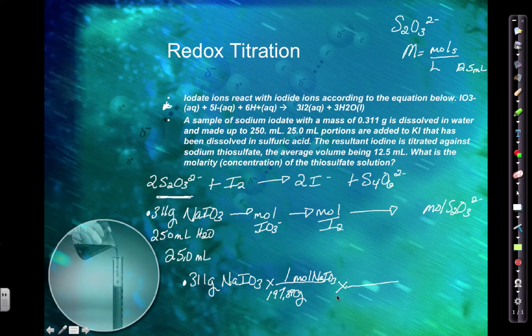I really only care about the iodate, just the iodate by itself. So whenever I dissolve this into water, it's going to break apart into 1 sodium ion and 1 iodate ion. So it's a 1-to-1 ratio. For every 1 of these that I have, I'm making 1 mole of iodate. So I'm going to go to moles of iodate.